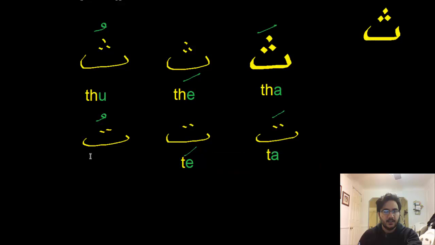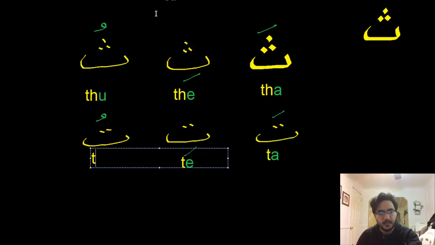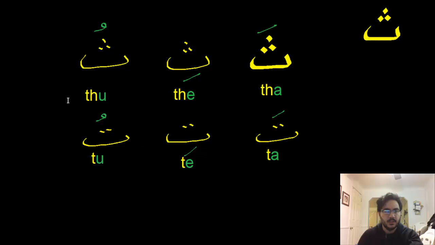And finally, we have our ta followed by a dhamma, and that becomes tu. So it is ta, ti, and tu. And those are the basics of harakat. It's the same thing across the board with all our letters.